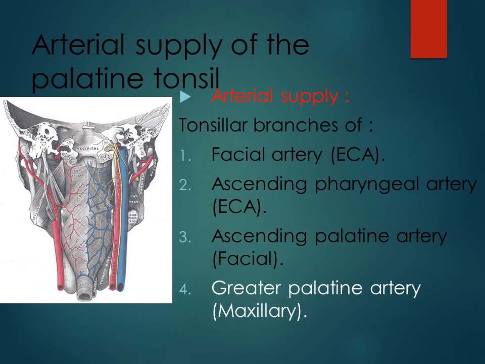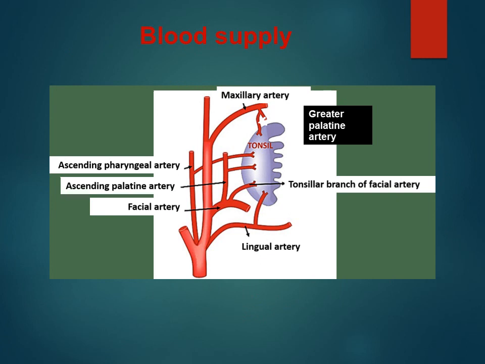Arterial supply is through branches from the facial artery, ascending pharyngeal, ascending palatine, and greater palatine artery, a branch from the maxillary artery. This diagram shows that sometimes it takes branches from the lingual artery, or mainly from the facial artery and the ascending palatine, and this is the ascending pharyngeal, and this is the greater palatine artery.